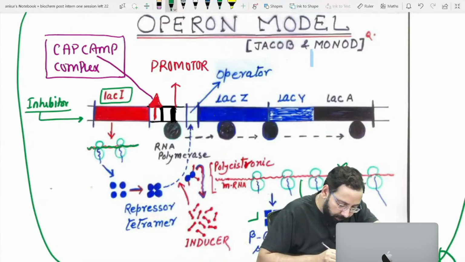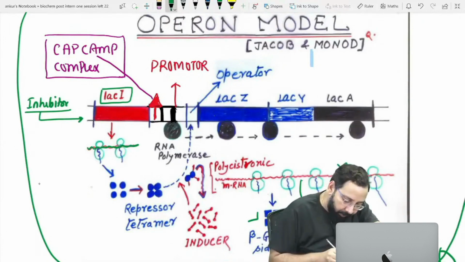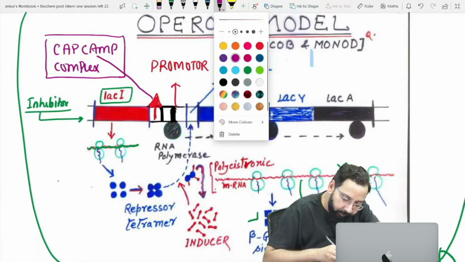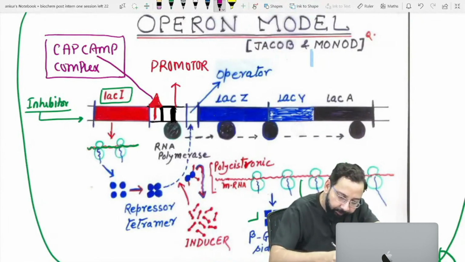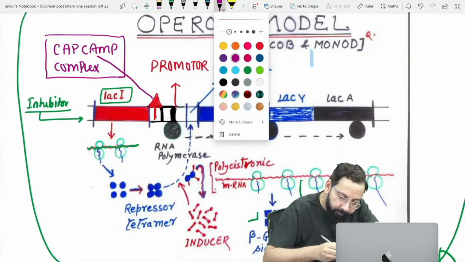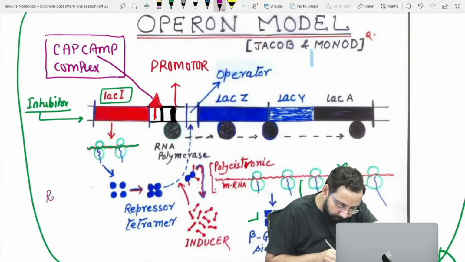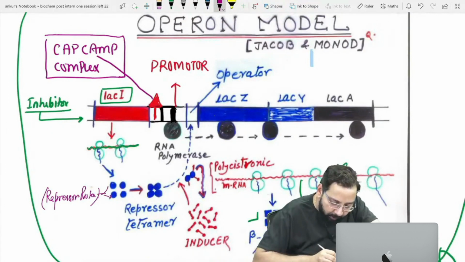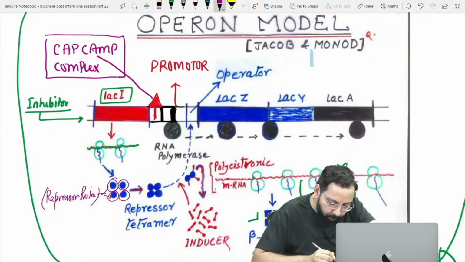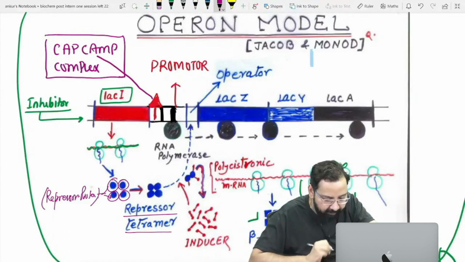These proteins are repressor proteins. Four repressor proteins join together to form a repressor tetramer.